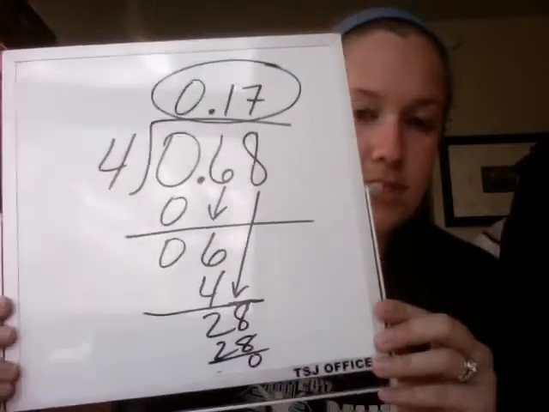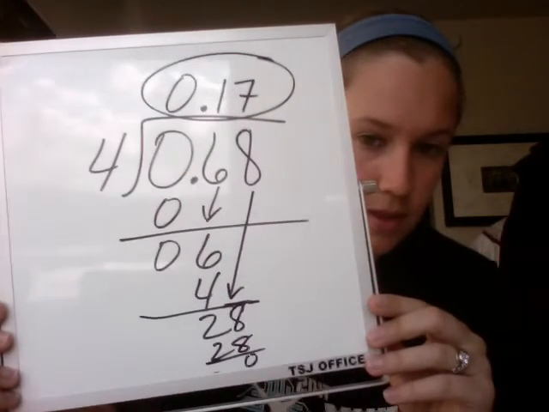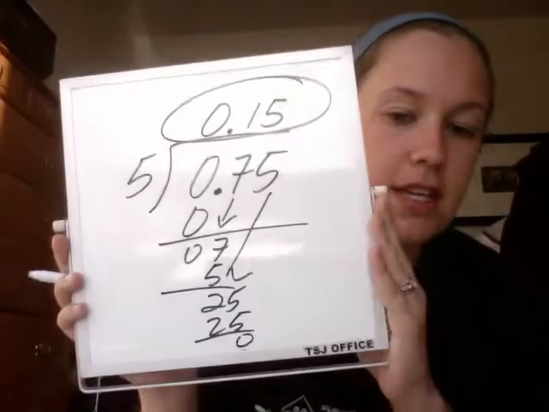Okay. 17 hundredths. Now E. 75 hundredths divided by 5. Okay, pause me if you need to. I'm going to flip it over. 15 hundredths.